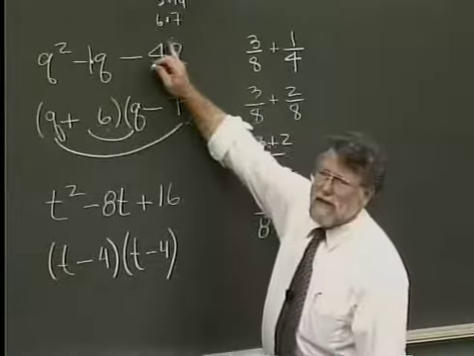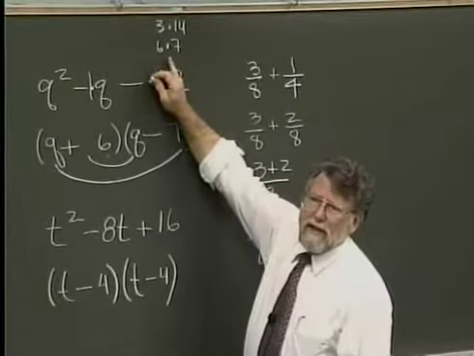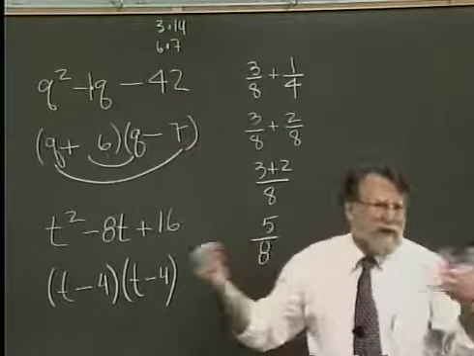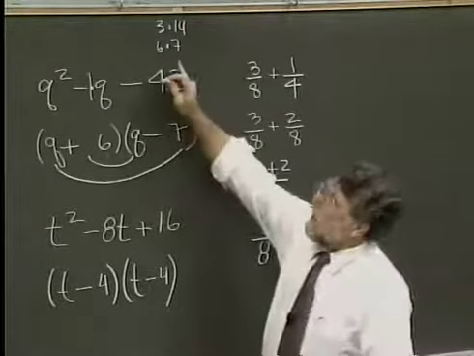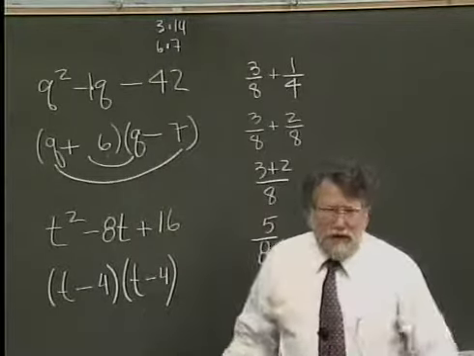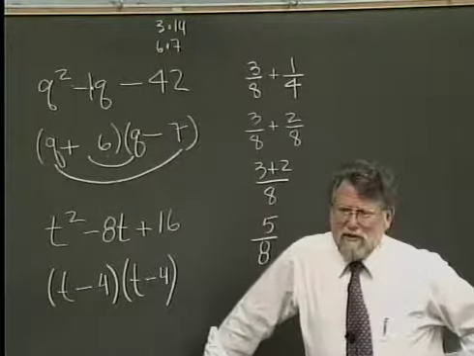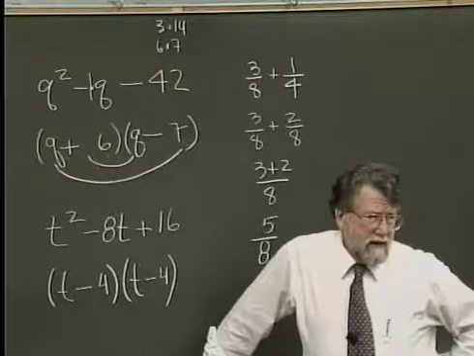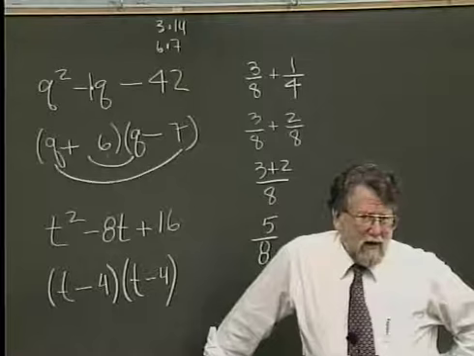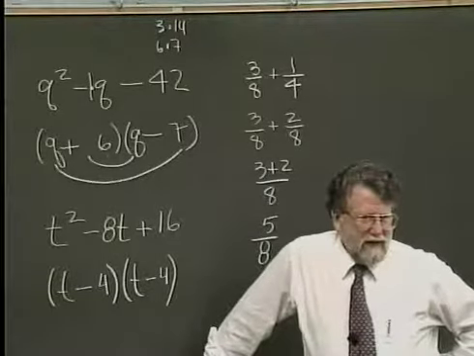And as we scoot that, just tweak it a little bit for me, Debbie. You get a 6/7, a 3/14, and you say, aha, something works. And of course, I could have done what? A 2 and a 21, a 1 and a 42. You don't have to list everything if you can see it and you luck into it right out of the gate. Now, I don't know how hard I'm pushing here.